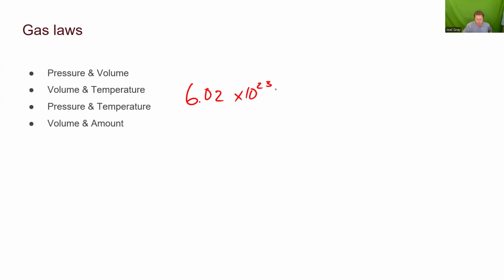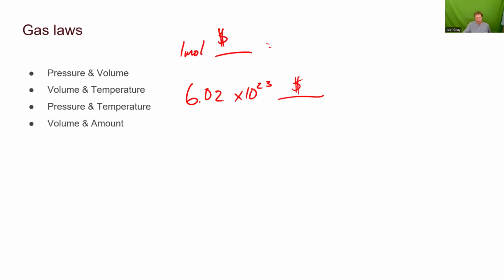We're going to get more into moles later on, but a mole is a quantity like a dozen. 1 mole of blank equals 6.02 times 10 to the 23rd blank. I always like to think about dollar bills. If I had 1 mole of dollar bills, I would have 6.02 times 10 to the 23rd dollar bills.